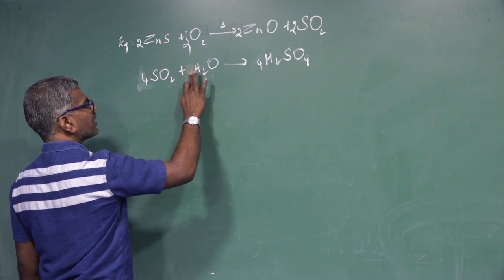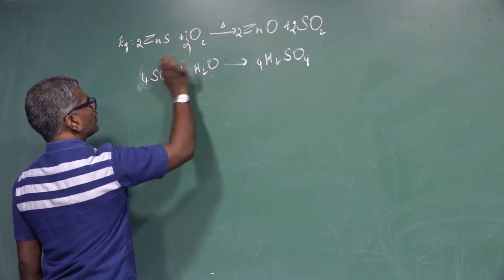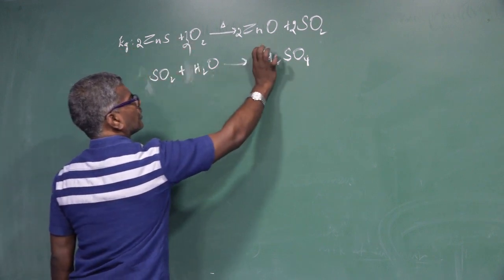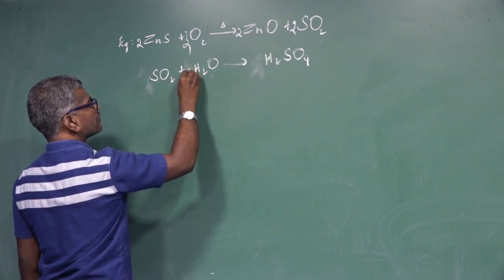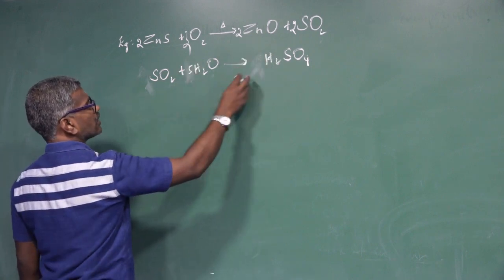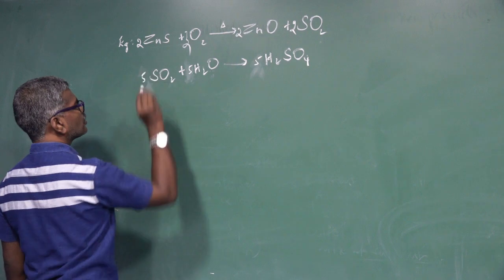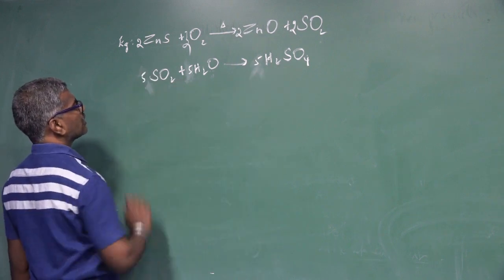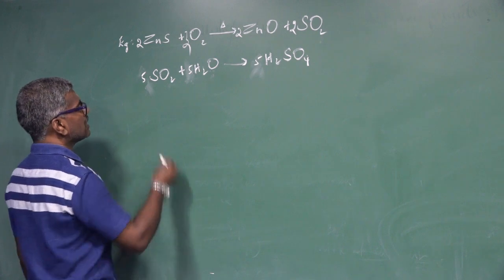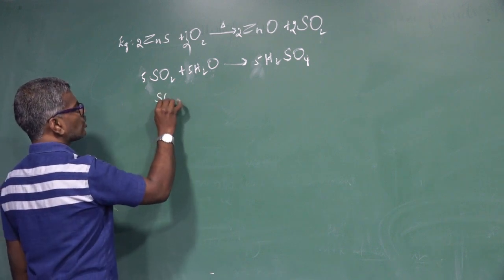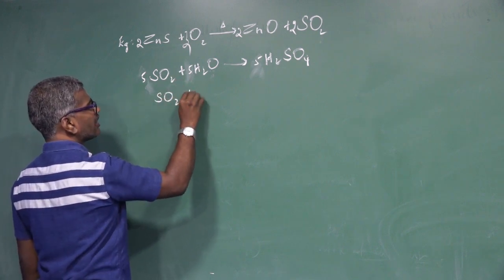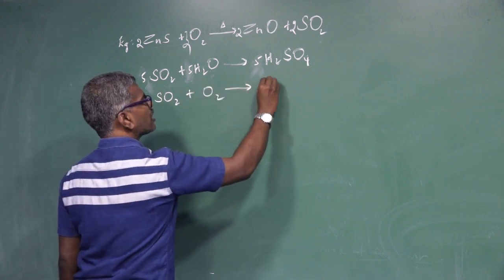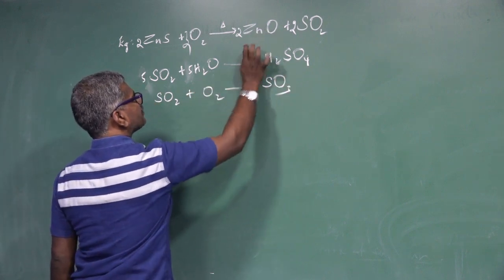So another one is 5 times. Here 5 SO2, oxygen is 20. So one more thing is SO2 further reacts with oxygen to form SO3.